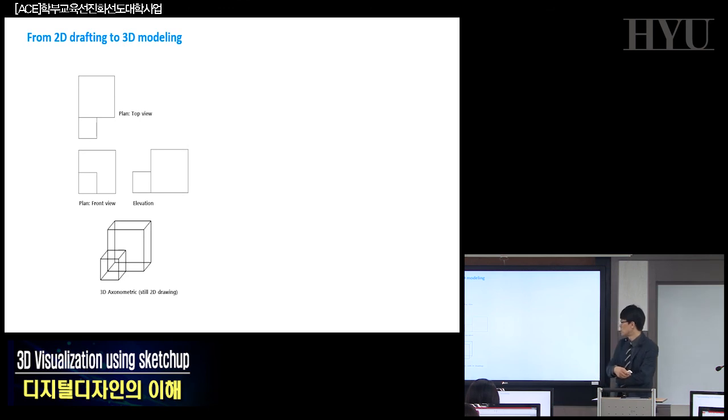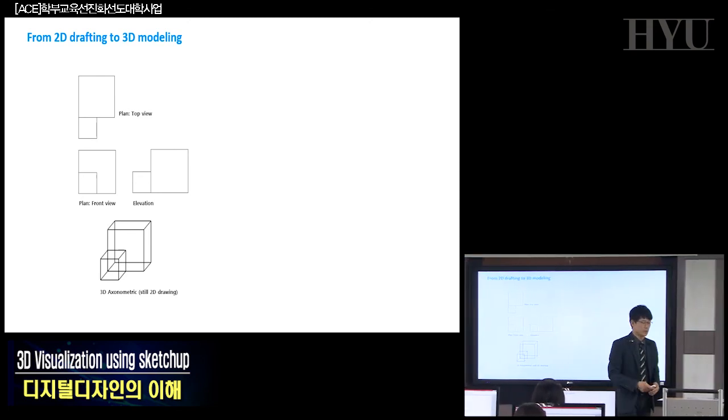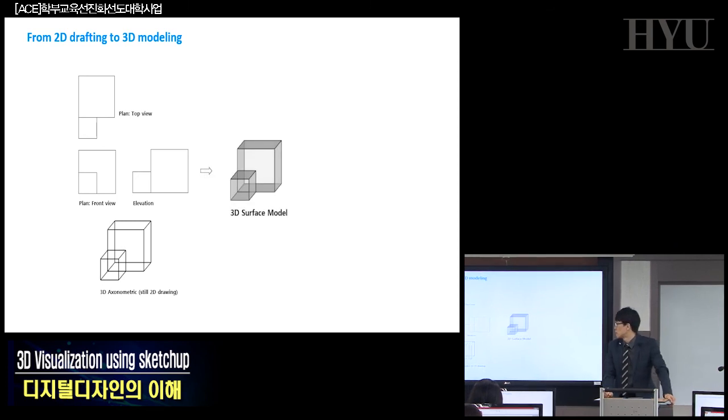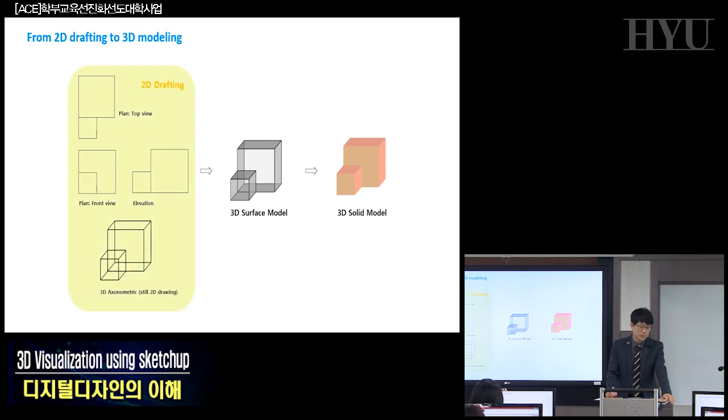Top view, front view, elevation, even axonometric drawing or isometric drawing, they are still 2D based representation, not 3D object based. But after building your own 3D model, such as a 3D surface model or solid model, it's something beyond 2D drafting. That's what we have learned before. So now we're going to deal with 3D modeling.